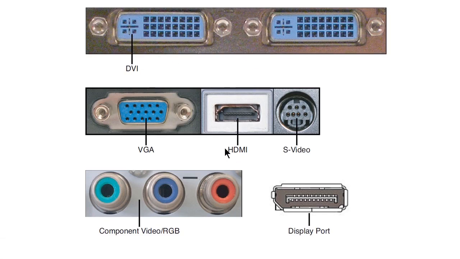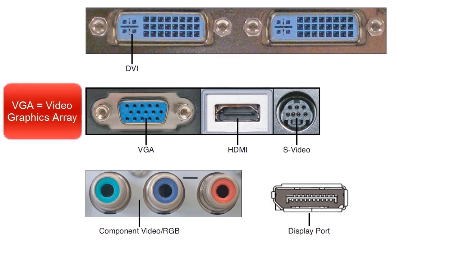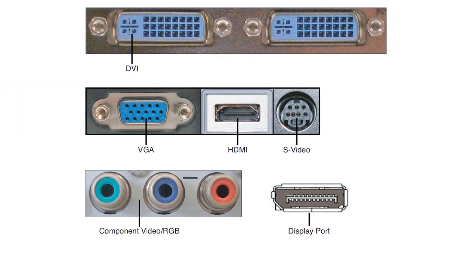But we have others here. First of all, we have VGA. This is the old school port, the video graphics array. And really, this is a 15-pin port. It's known as a DE15F. It's also sold as a DB15 or an HD15. You'll see different things, but the reason is because it has 15 pins.